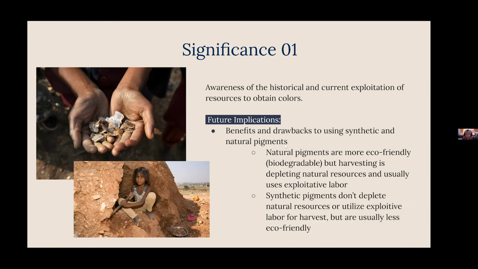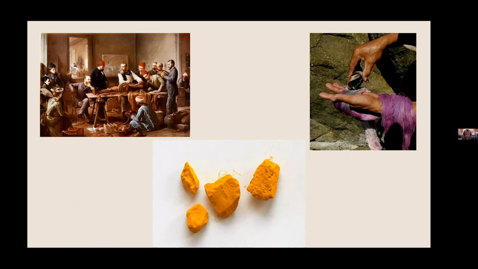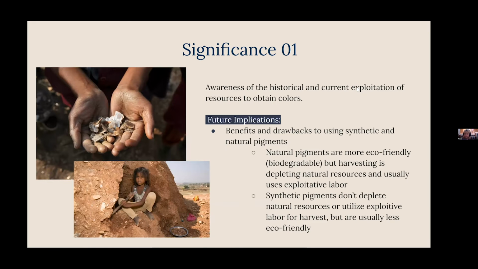So natural pigments that are sourced ethically are biodegradable, and usually they don't use exploitative labor.